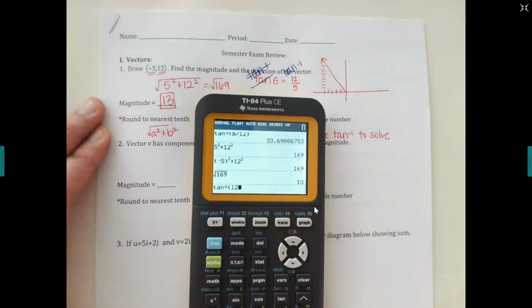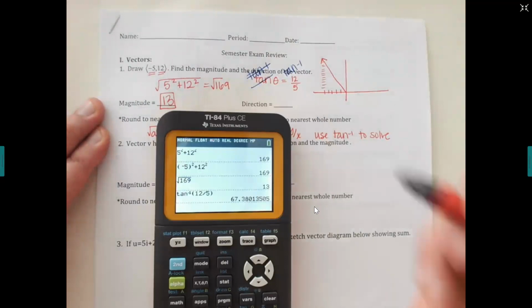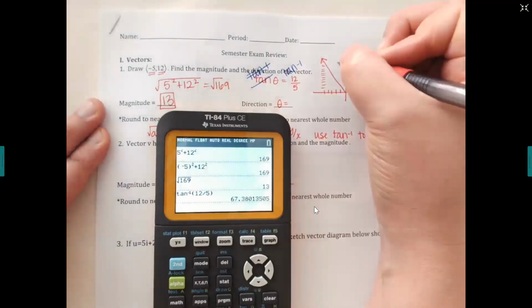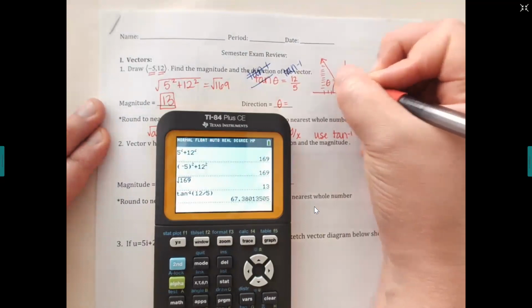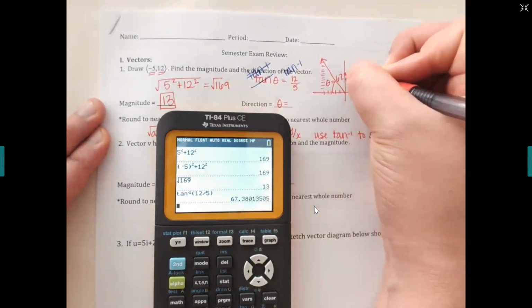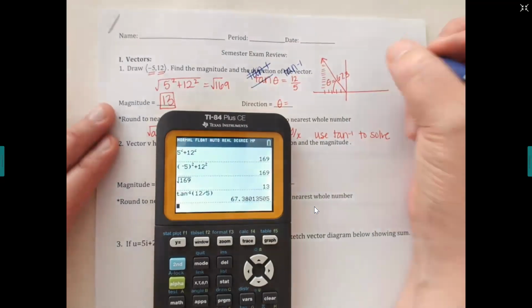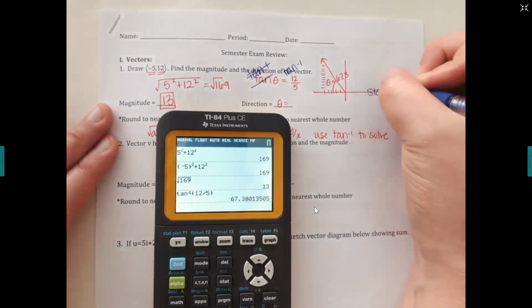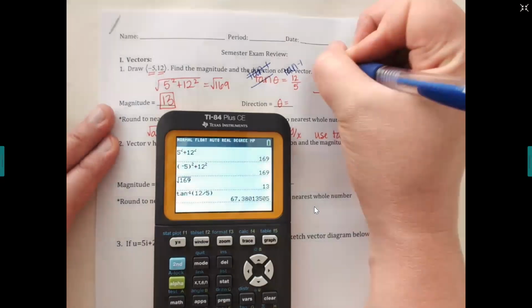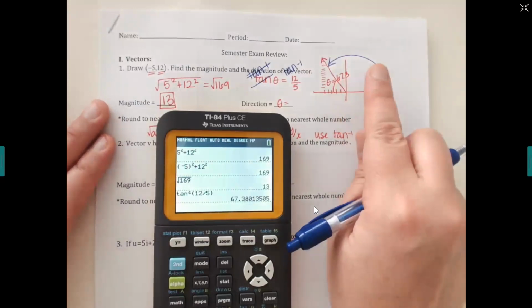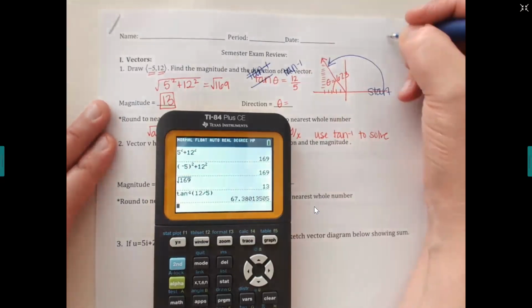Second tan, 12 over 5 comes out to 67.3, which means that your theta is 67.3 inside the triangle. But remember, that's not how direction is measured. Direction has to start from here and then go all the way around. So if I'm in quadrant 1, let's do your little chart here.